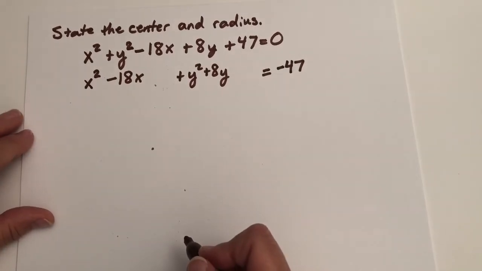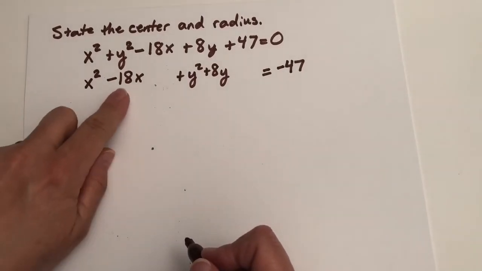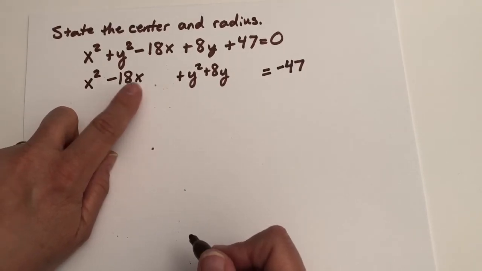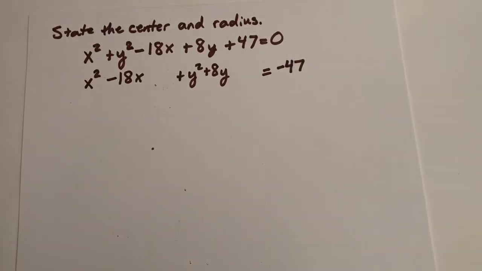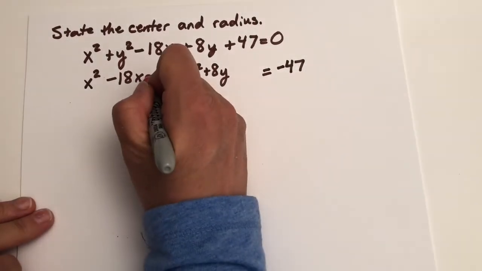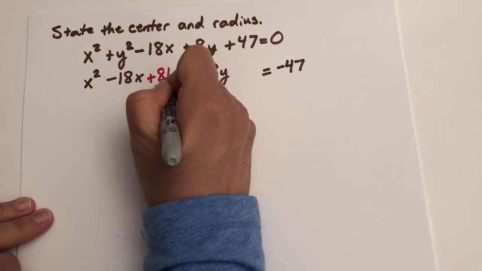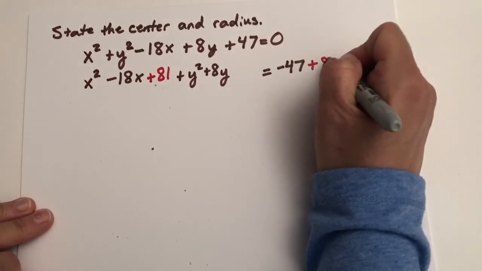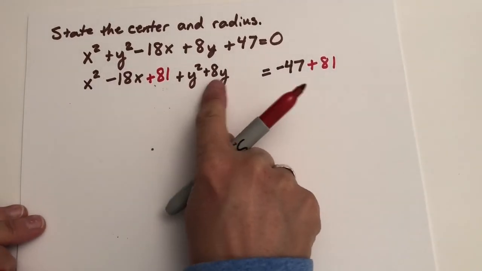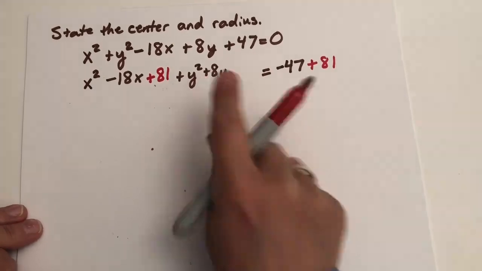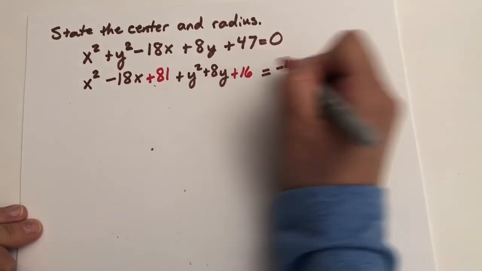And now we're going to complete the square. So we take half of 18, which is 9. 9 squared is 81. And remember, it's always a positive number that you add when you're completing the square. So I add 81 to both sides. Similarly here, we take half of 8 is 4. 4 squared is 16. So we add 16 to both sides.